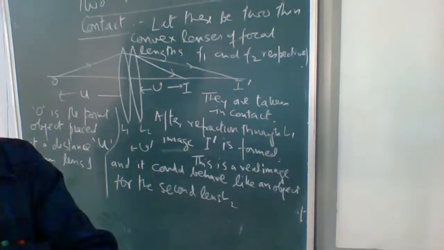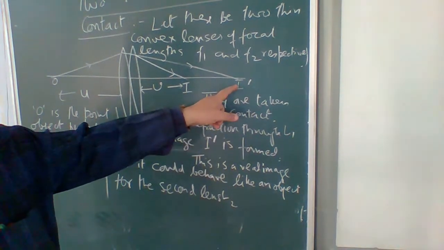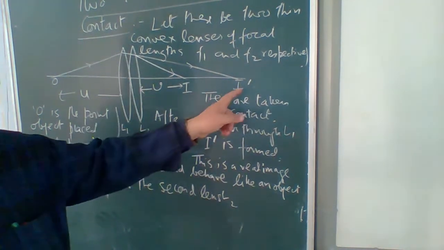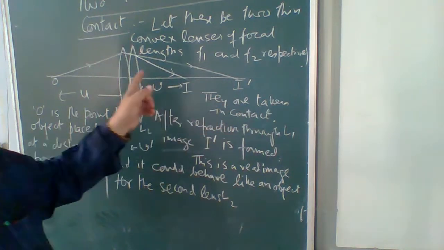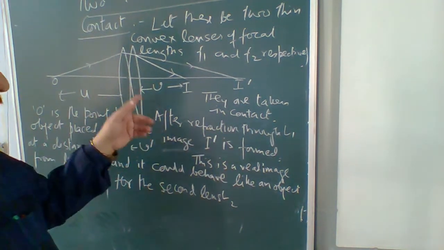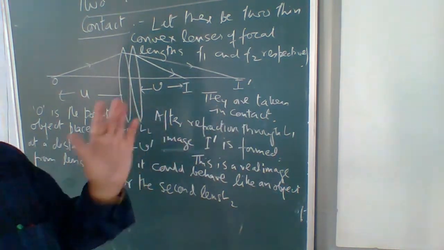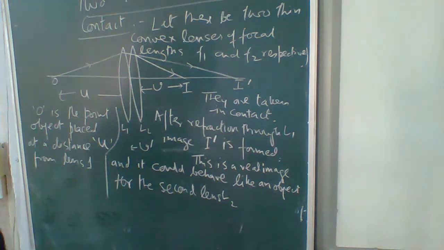Remember this thing, what we have said: this is the image obtained by the first lens, and this could behave like an object for the second lens L2. Okay, now for L2 this distance will be the object distance u, which here is the distance v dash. So this is all about the thing.